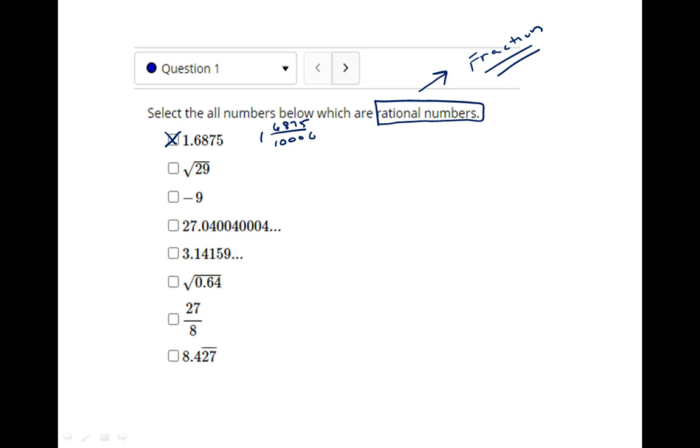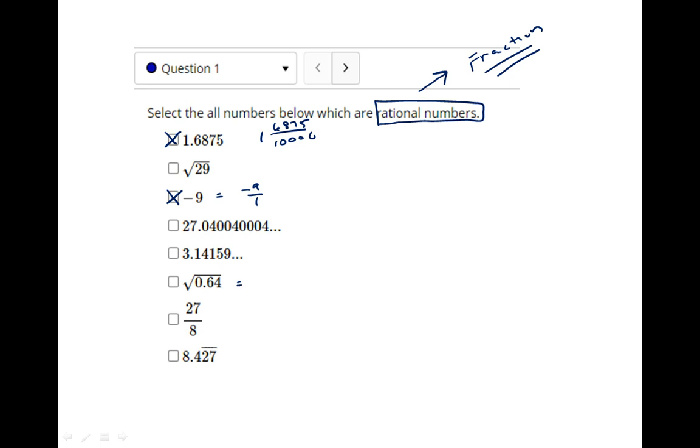Square root 29. Well, the square root of 36 is 6. The square root of 25 is 5. This number is not going to be rational. Negative 9 you can write as negative 9 over 1. That's rational. This number does not terminate. This number is irrational. This number, dot dot dot, irrational.